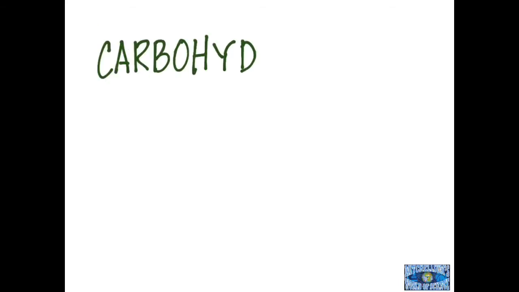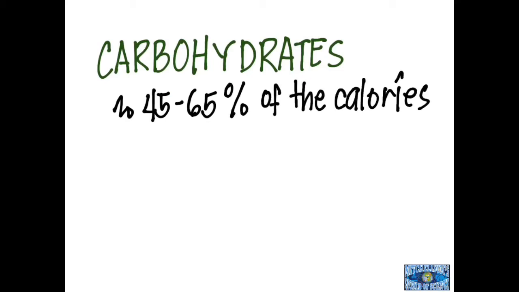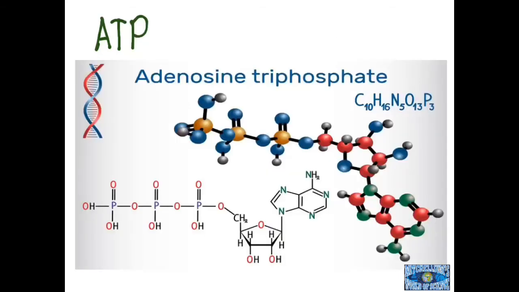Research shows that carbohydrates should make up 45 to 65% of the calories that we consume in a day. This is because carbohydrates can be easily broken down into glucose, the simple sugar that cells use to produce ATP. ATP, or adenosine triphosphate, is the form of energy required by every cell in the body to perform the metabolic reactions that keep us alive.